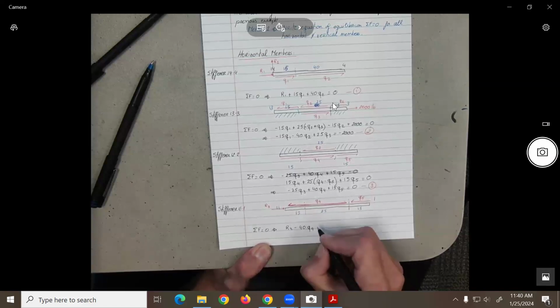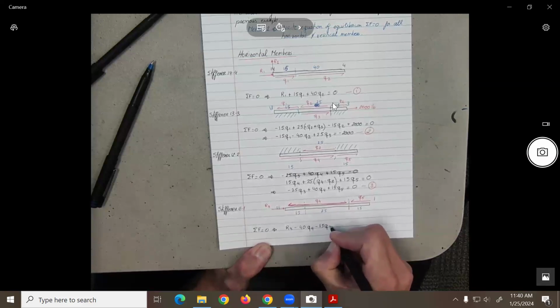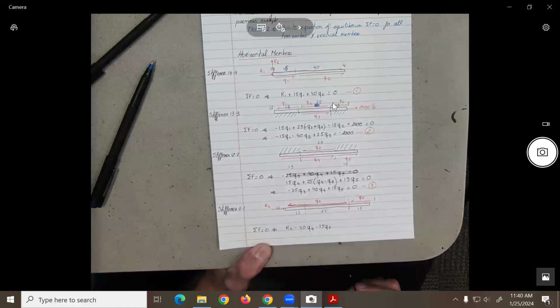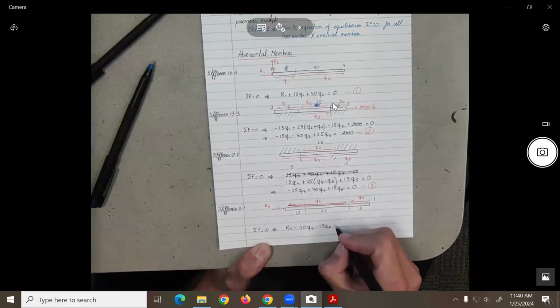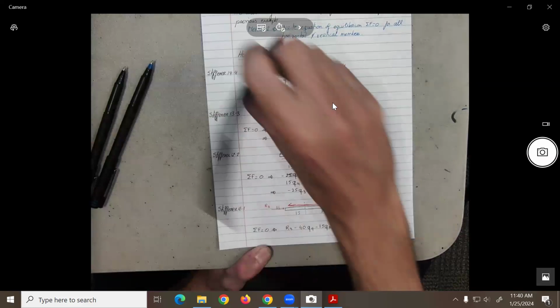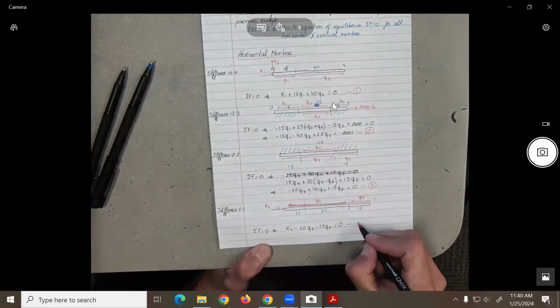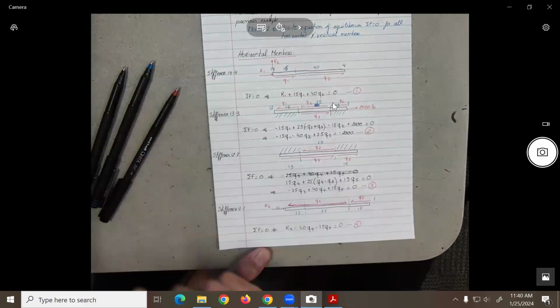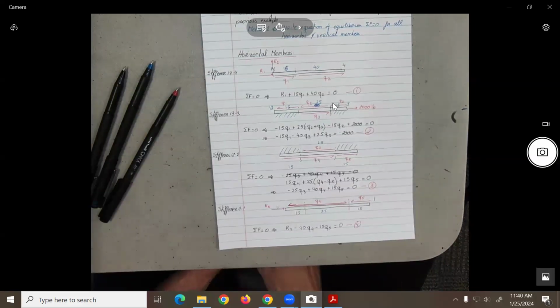Q sub 4 minus 15 Q sub 5 equal to 0. And this is going to be our equation 4. Yep.